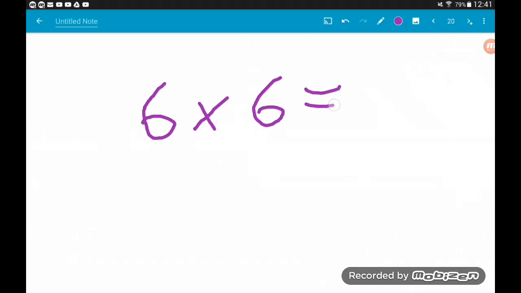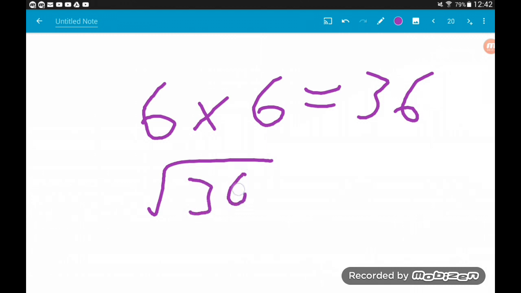So, I hope that you all agree with me that 6 times 6 is equal to 36. Yeah? So, we could say the square root of 36 positively is 6.